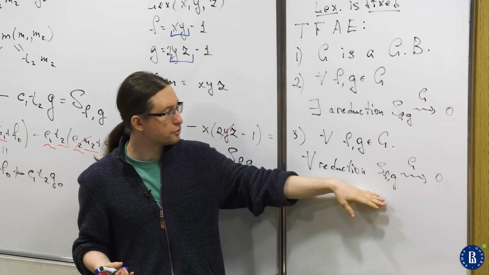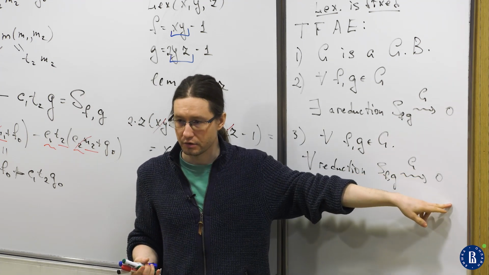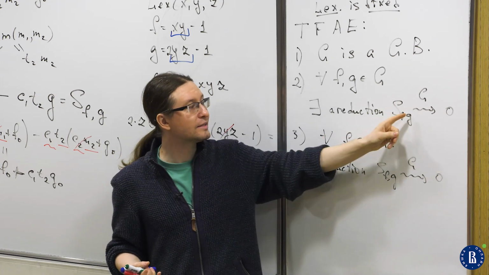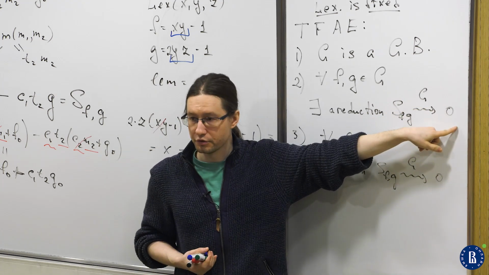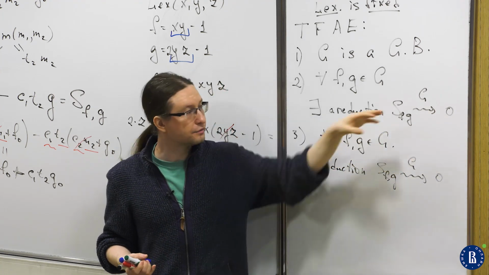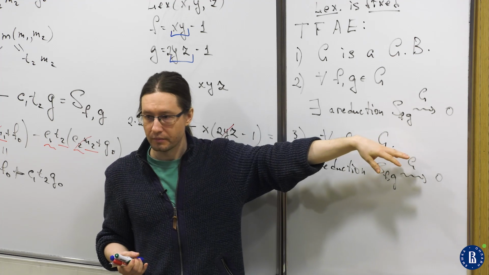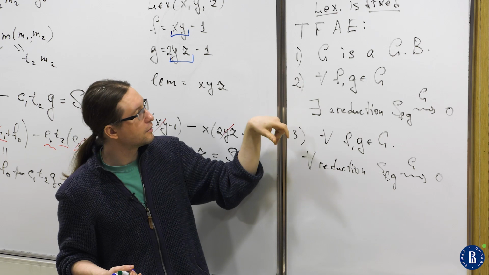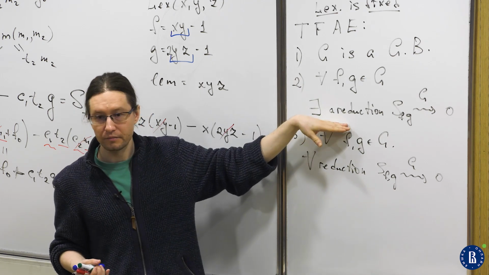And the second option is to say that every reduction leads to 0. And these two are equivalent. So if every S polynomial has at least one way to be reduced to 0, then actually every way gives you a 0 remainder. So condition number 2 is the condition that is easy to check.